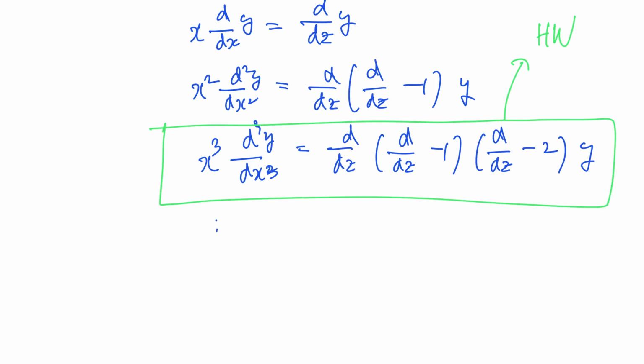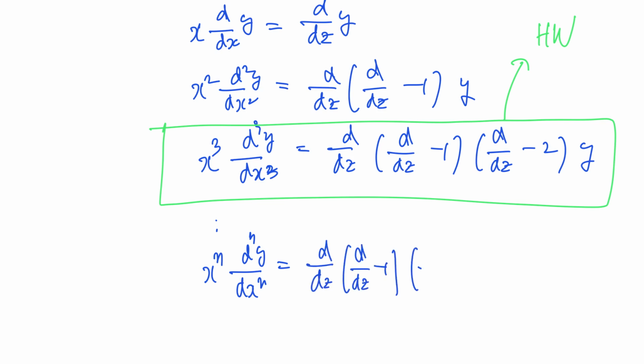So we can continue this. x to the n, d^n y/dx^n is actually d/dz (d/dz minus 1)(d/dz minus 2) and so on up to (d/dz minus n plus 1), using the following transformation, z as log x.